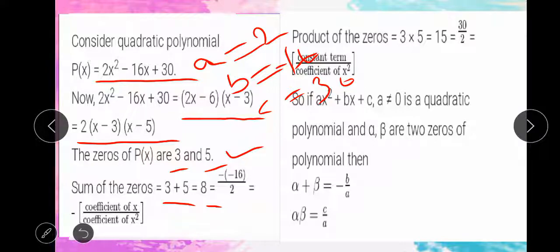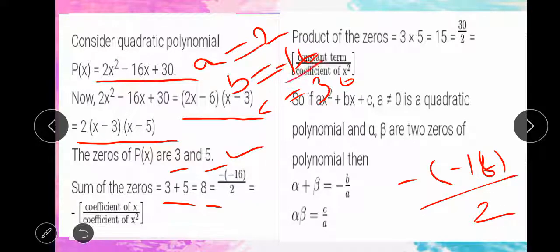Hence, we get minus b by a, which means minus of minus 16 by 2, as the value of b was minus 16 and the value of a was 2. Now it gives the same value, 8.